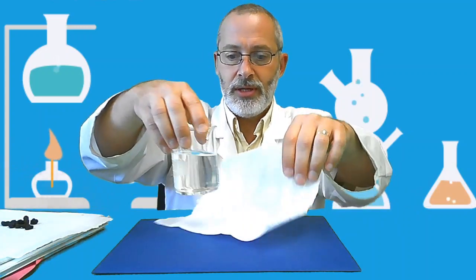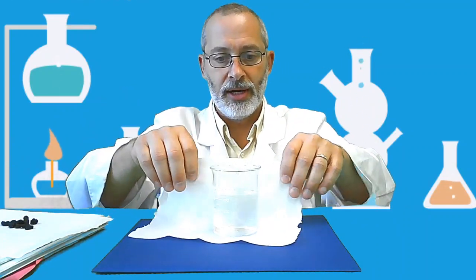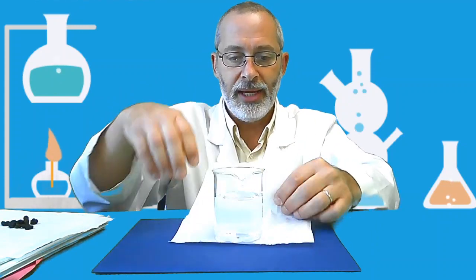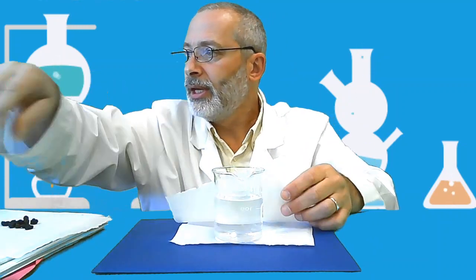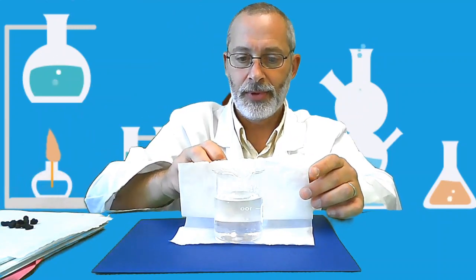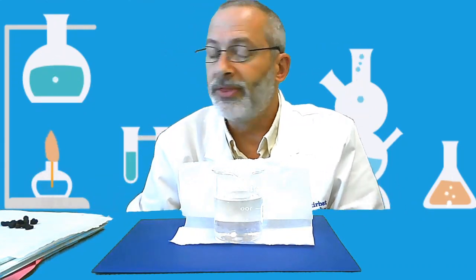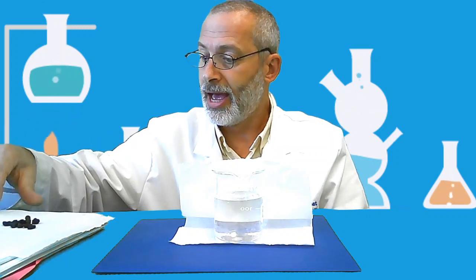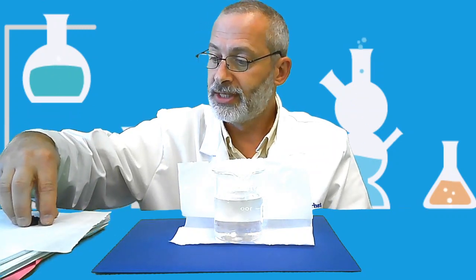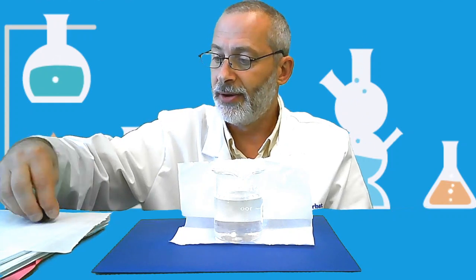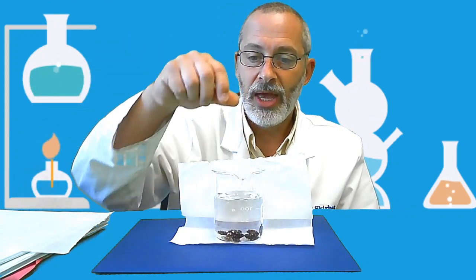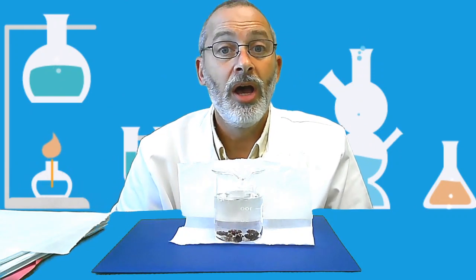And you can see here, this is nothing more than a little less than 200 milliliters of just plain water in our beaker. Okay, and I'm going to do something with this beaker of water as per the instructions in our activity. We're going to take these 10 raisins now, and we're going to drop them into our beaker of water.